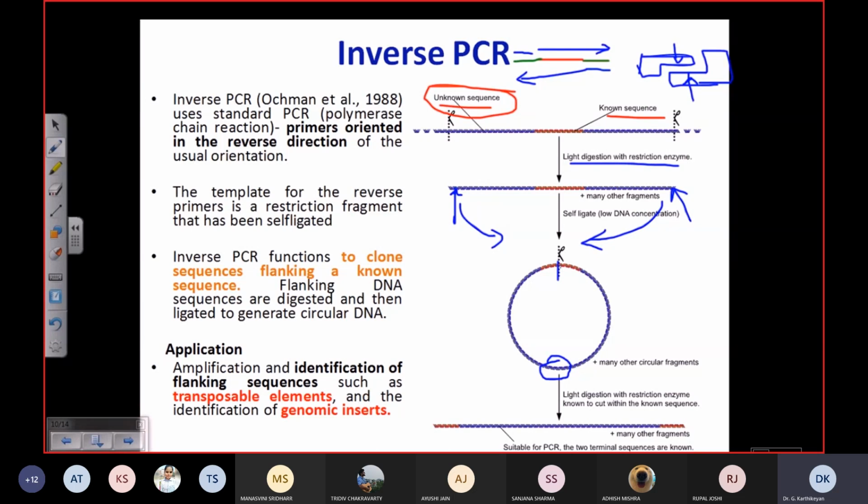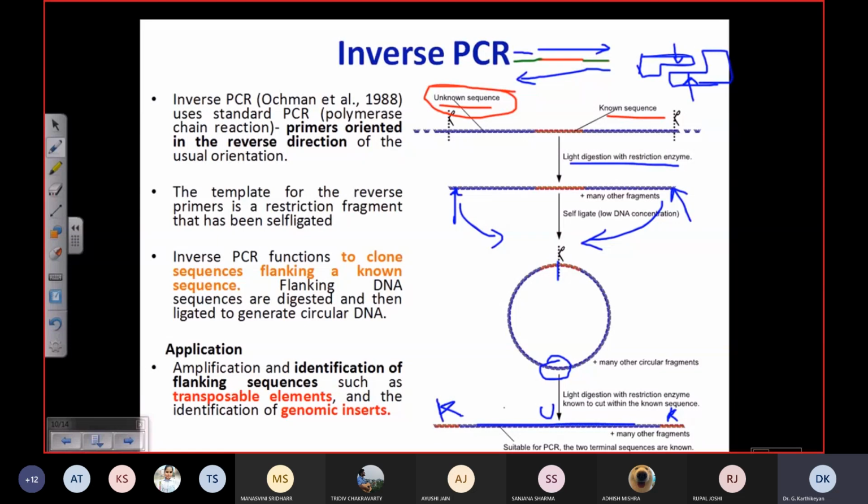As a result of making a cut here, this circularized DNA will be linearized again, but now the linearized segment will have the unknown region in the middle. So unknown in the middle and known at the terminal. Remember, this is our goal.